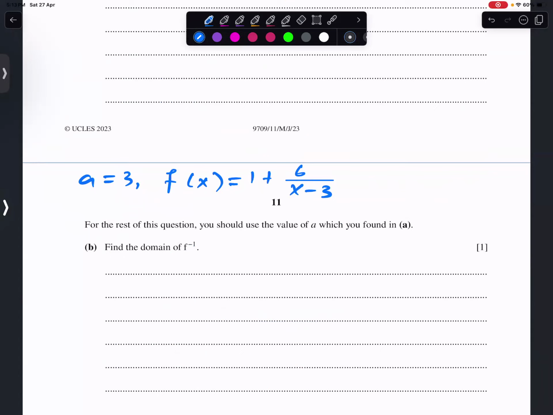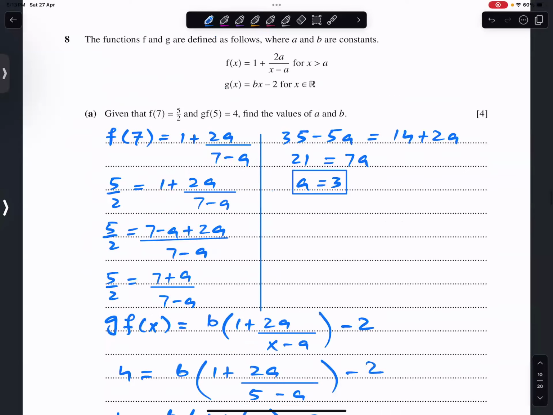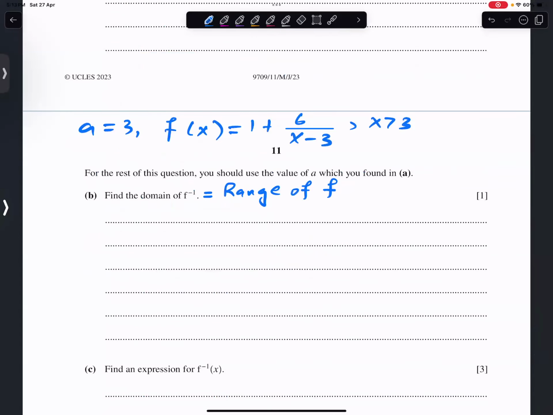Now, there is a concept that the domain of f inverse is actually the range of f. If you want to find the range of f, you will see the behavior of this function by randomly putting in values, because x greater than 3 is the domain of this.